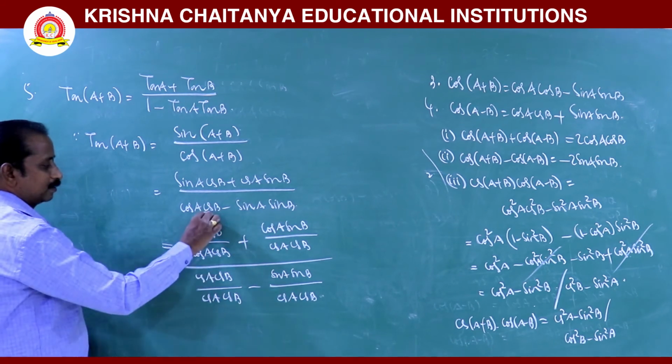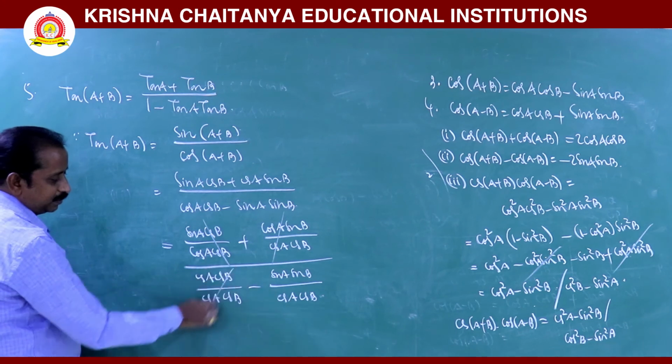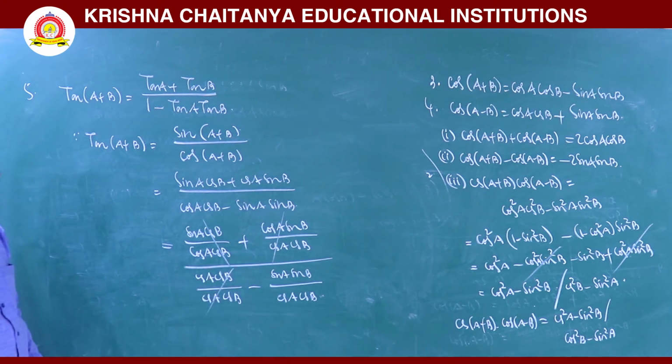Now, here cos B gets cancelled, cos A gets cancelled. These two terms are similar, so they are getting cancelled.